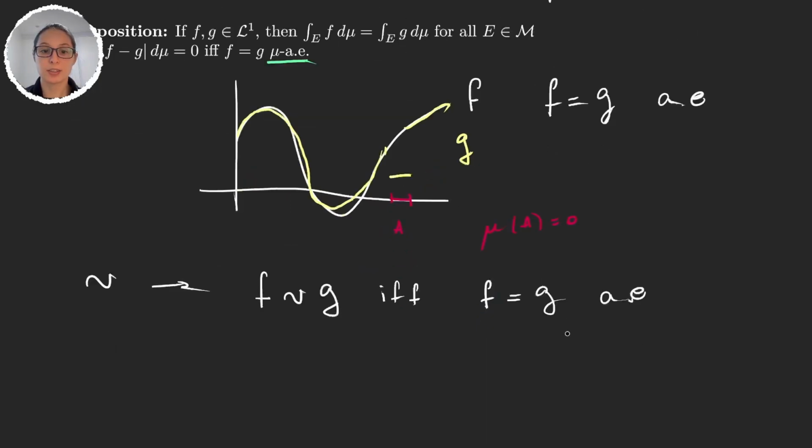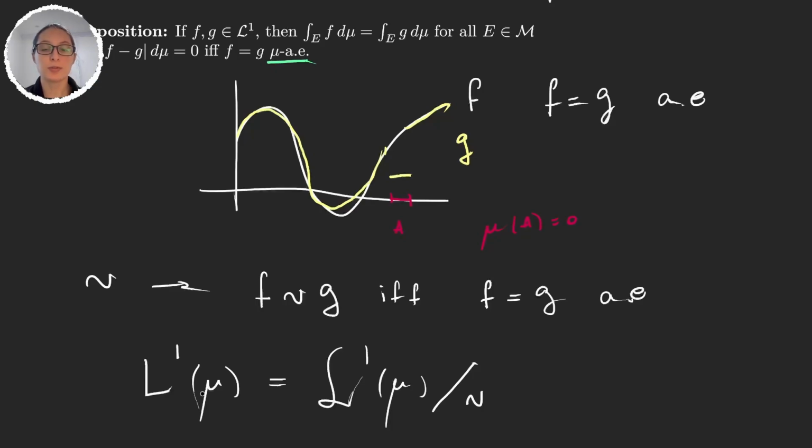And then we define L1 of mu as the curvy L1 quotiented by this equivalence relation. And so when we say that a function f is in L1, what we're saying is that this function is a representative of all the functions that are equal to it almost everywhere.